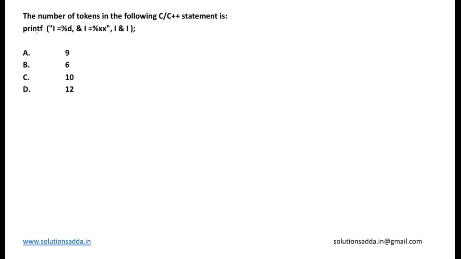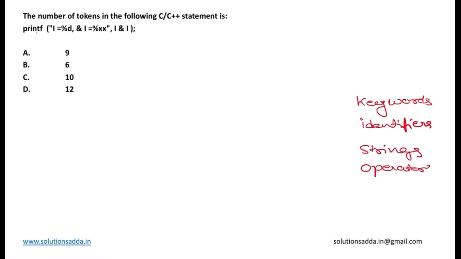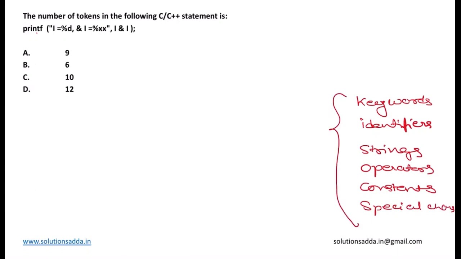In C, tokens are classified as either keywords, identifiers, strings, operators, constants, or special characters. So these are the 6 categories in which tokens are classified.